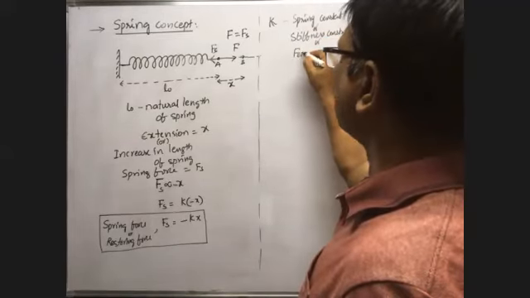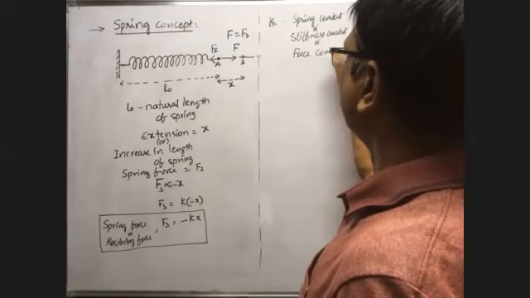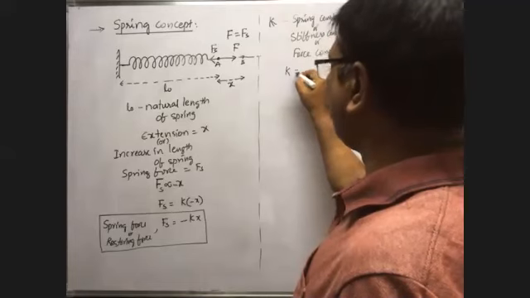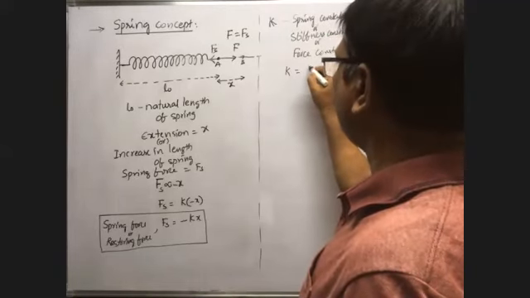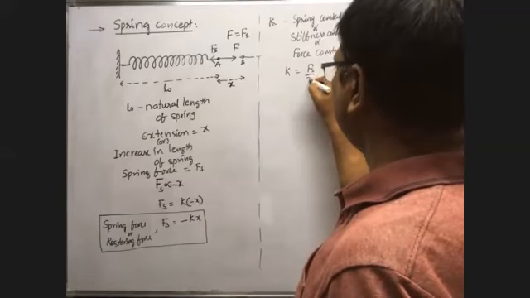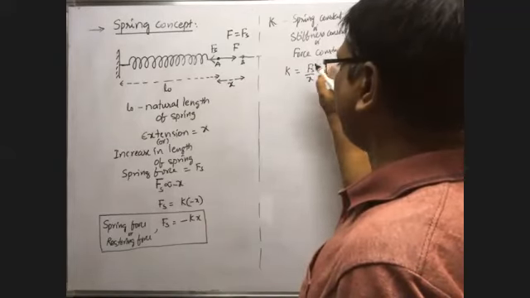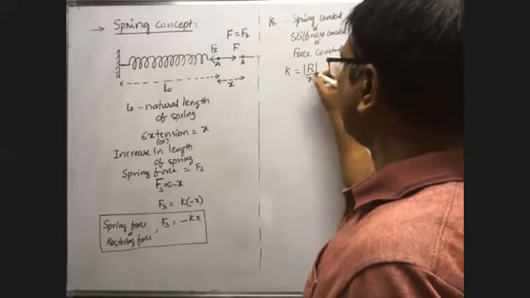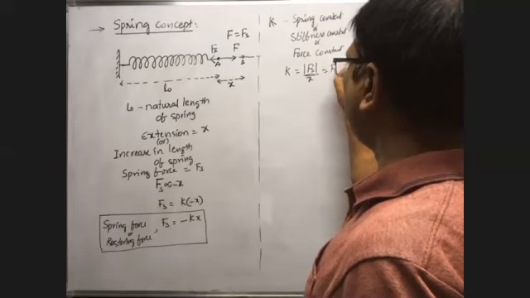It is also called the force constant. So therefore, spring constant k is equal to Fs by x, when you consider the magnitude only.